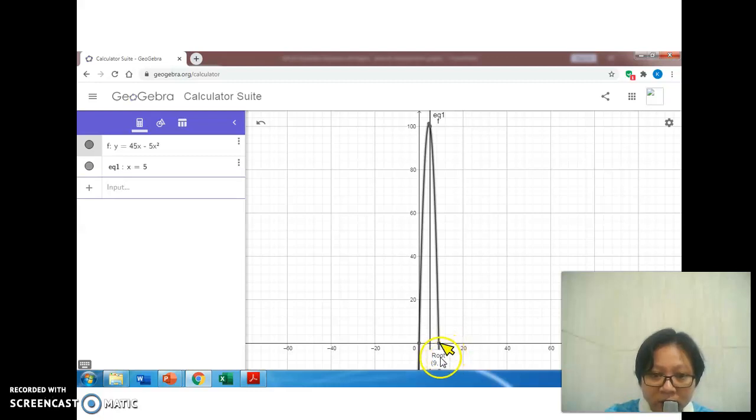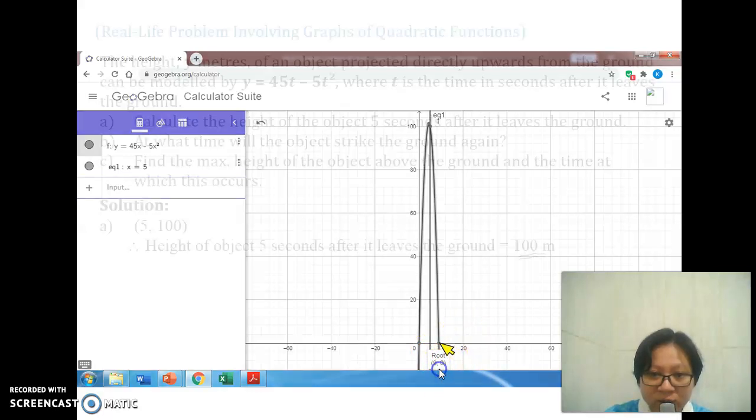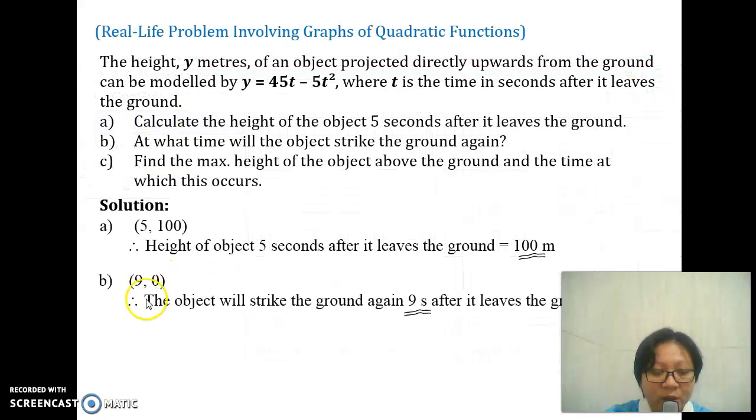This is the root here. Click until it shows the root like this, 9, 0. So the object will strike the ground again 9 seconds after it leaves the ground. This is the answer for question B.